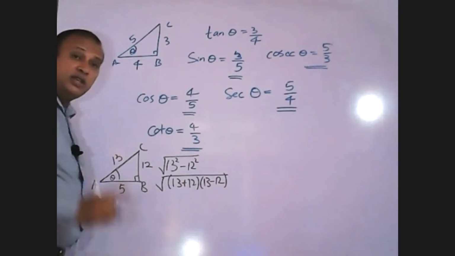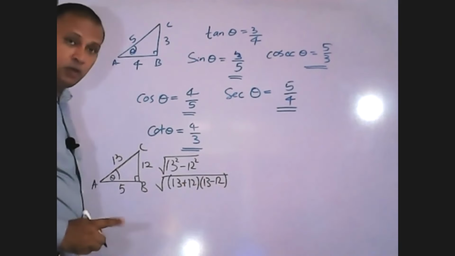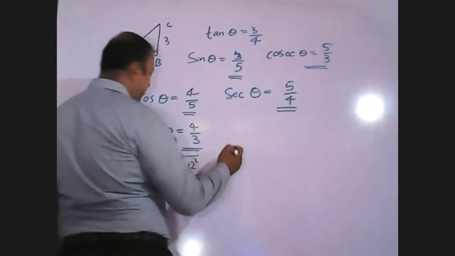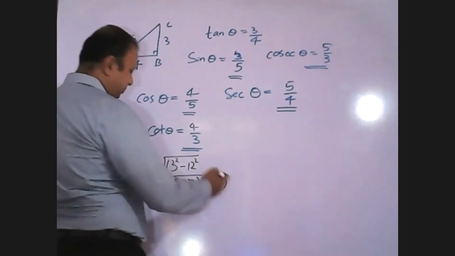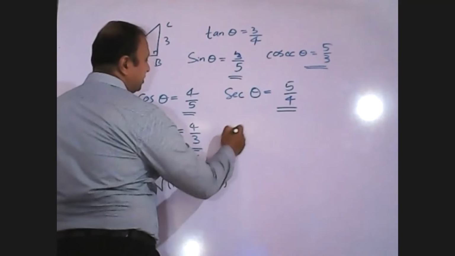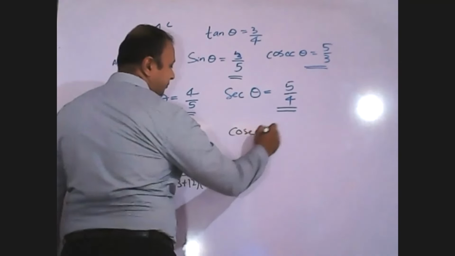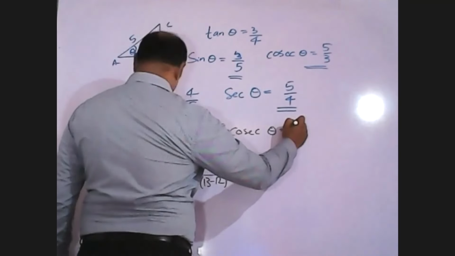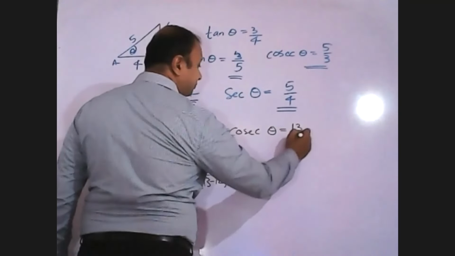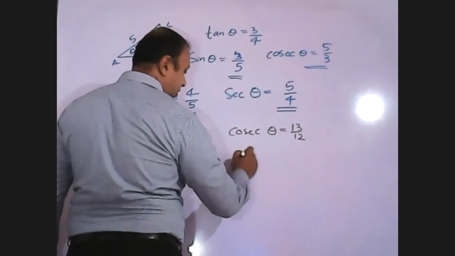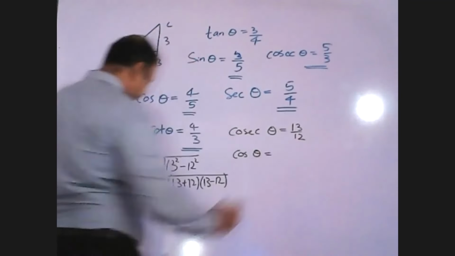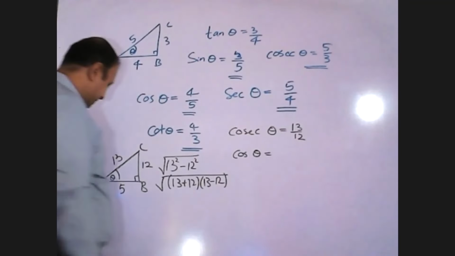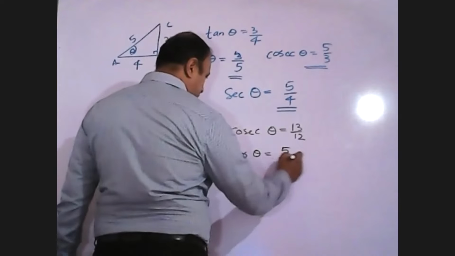Okay. Once you calculate the other side, now you have all the 3 sides. Now you can write any trigonometric ratio. You have written sin theta. So cosec theta is 13 over 12. Then cos theta is adjacent side over hypotenuse, which means 5 over 13.